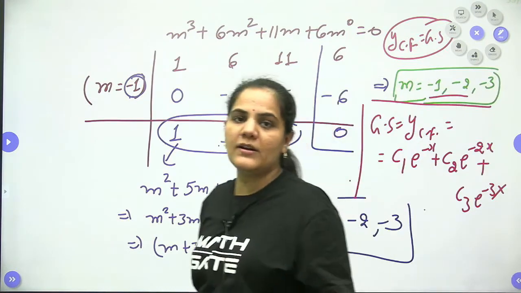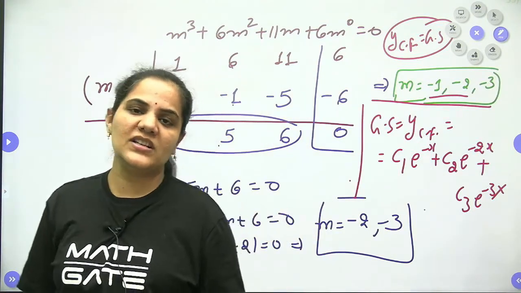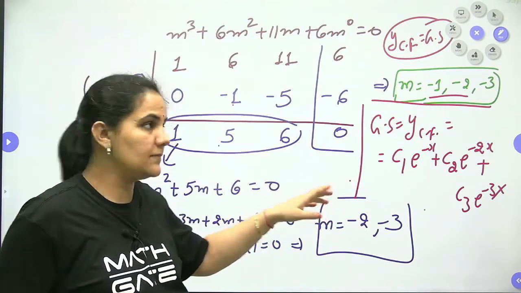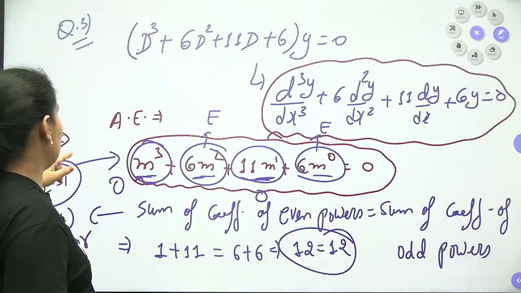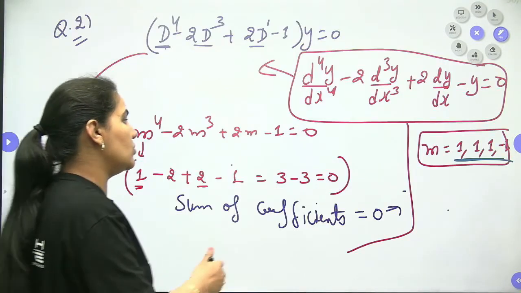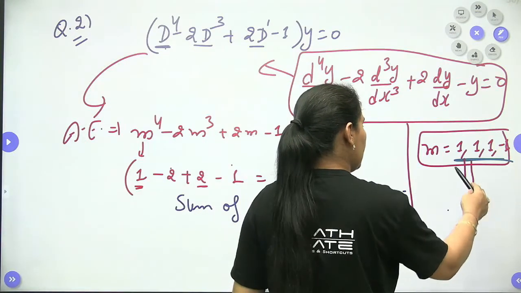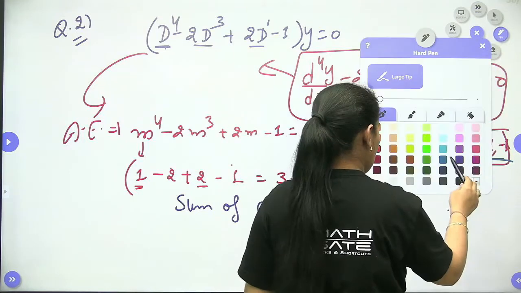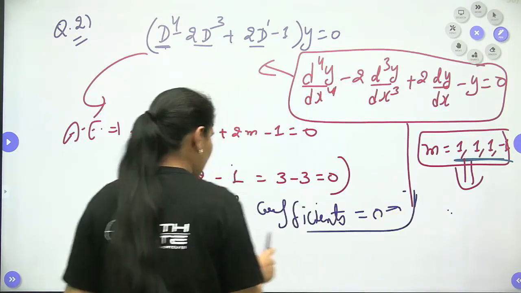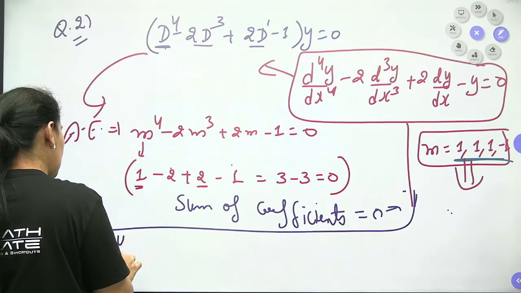This is the same work which we already discussed in the last lecture, right? So this is the same work, there is nothing changed. Let me show you for the last question also. For this one we are having roots as 1, 1, 1 and minus 1. Triple 1 we are having.